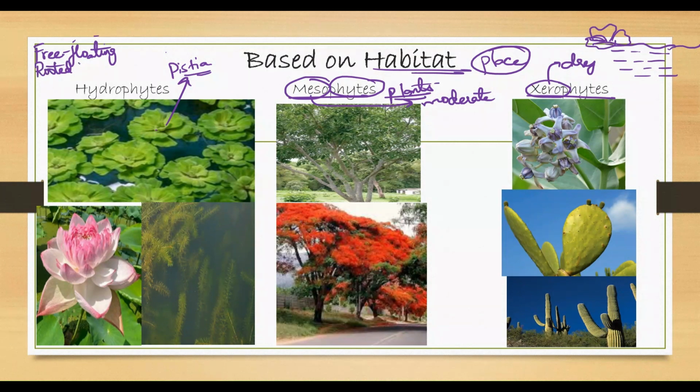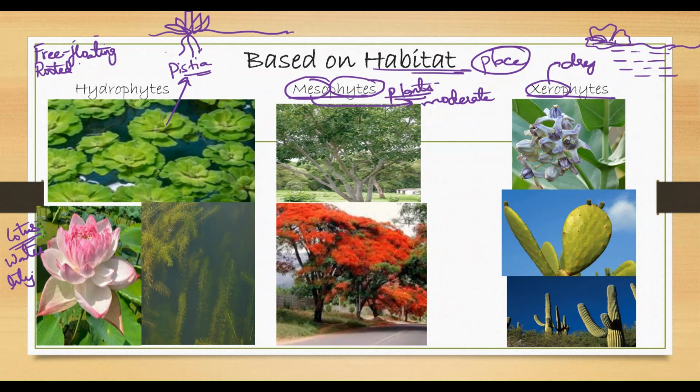What are rooted hydrophytes? You have the water body. These float on the water, but they have roots inside, attached, and it floats on the water body. The best example is lotus, or even water lily, where the flowers float on the water surface but still the plant is rooted inside.